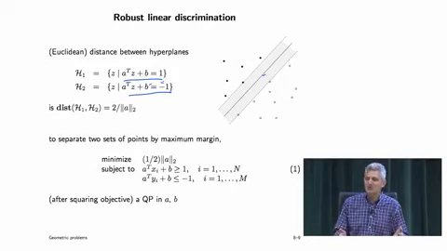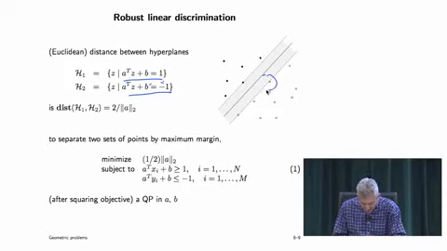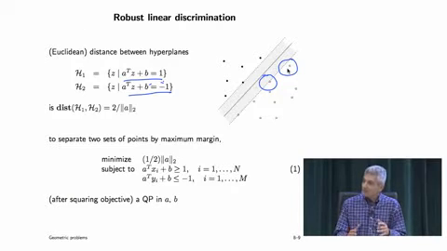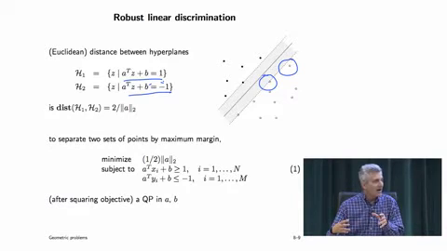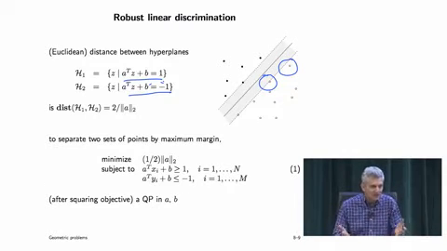Some people would call this the maximum margin classifier, right? The reason it's maximum margin is that you can puff up each of these points by a ball, still classify correctly, and the amount you could puff them up by is the largest possible and still maintain correctness. Everybody got that? So it's the maximum margin classifier.